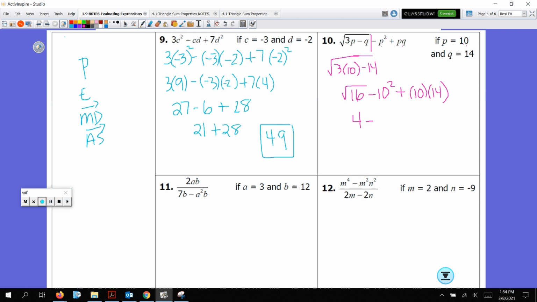I still have my subtraction. 10 squared is 100. Right, and then we have our addition in between, so we can go ahead and multiply those together. And 10 times 14 is 140. 4 minus 100 is negative 96. Plus my 140 gives me 44.